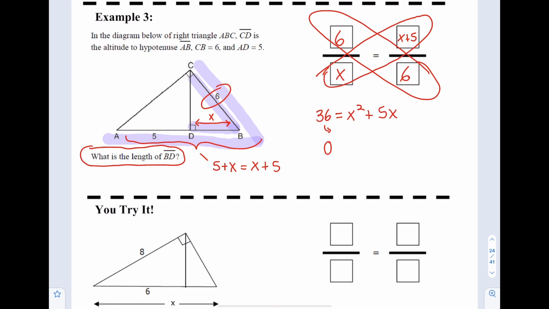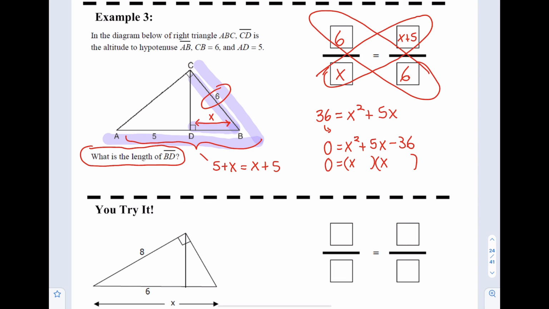This is a quadratic equation because of the x squared term, so we're going to bring everything to one side, and we want that x squared term to remain positive, so I'll bring the 36 to the other side by subtracting. And from algebra, you remember, solving a quadratic equation requires us to factor it.